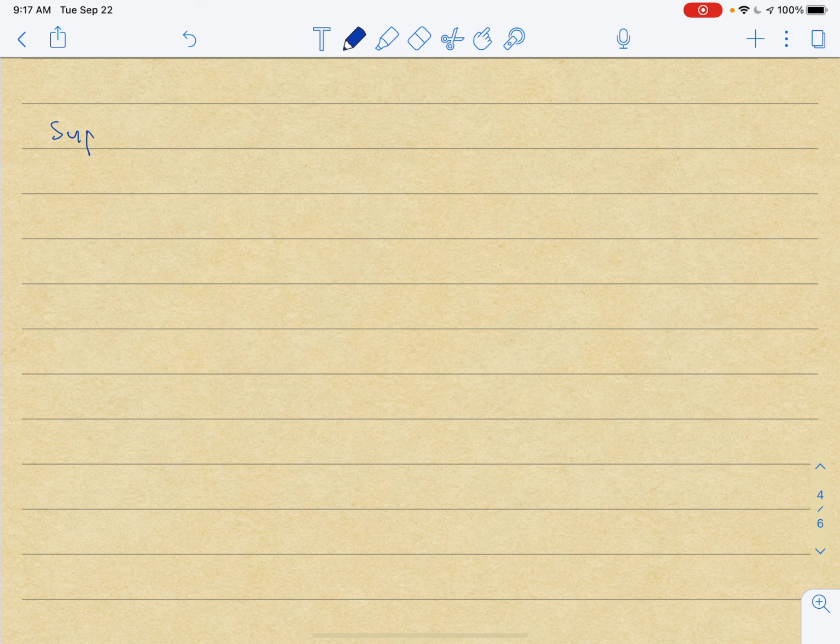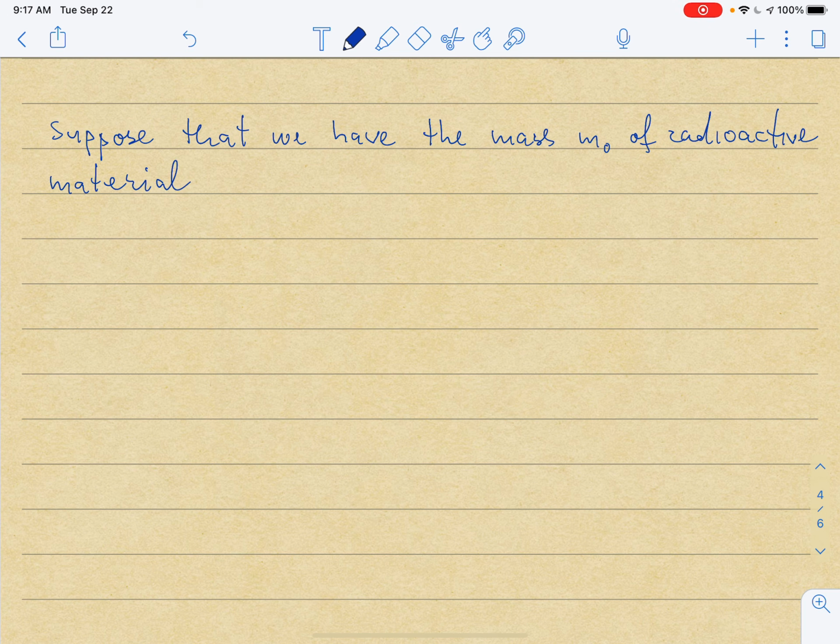Suppose that we have the mass m0 of radioactive material with half-life T 1/2.